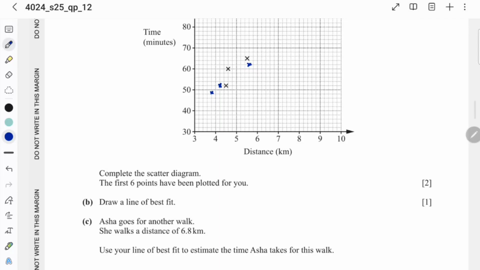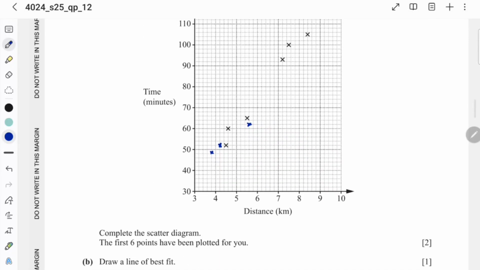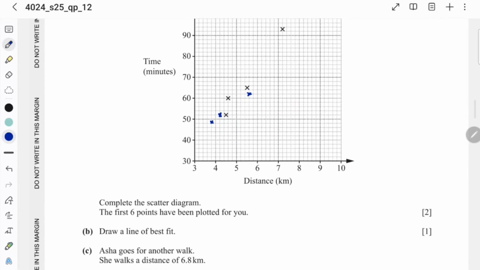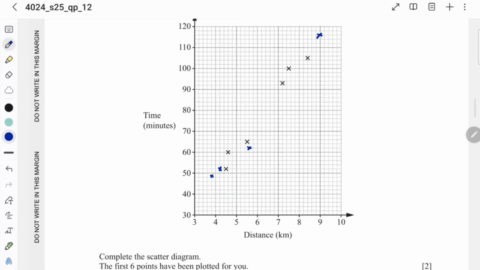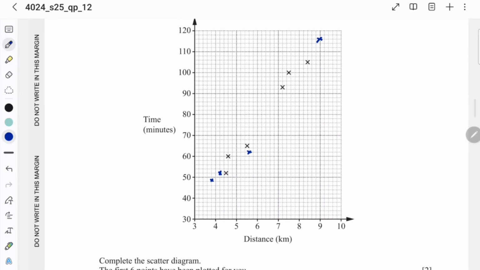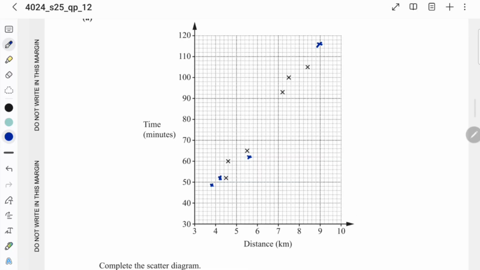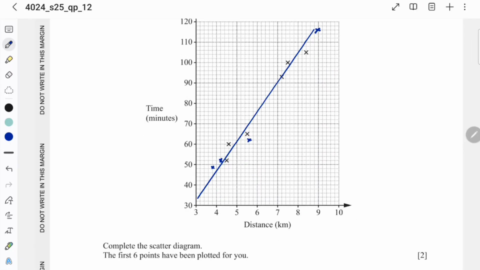The next thing, draw a line of best fit. So use your ruler, and remember you must have the same number of coordinates on the right and left hand side of the line of best fit. Okay, so just take your ruler and draw. Now I've drawn the line of best fit.